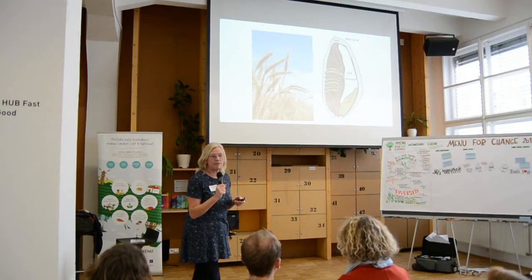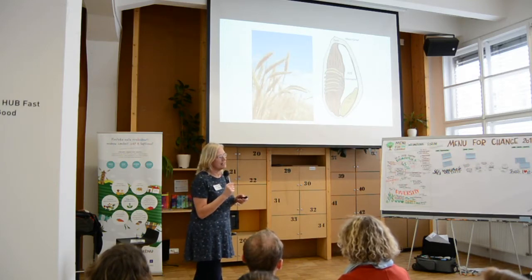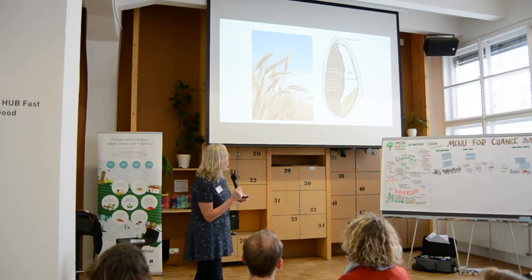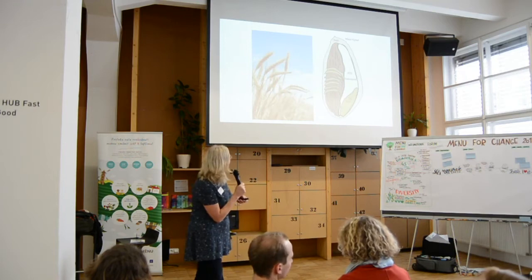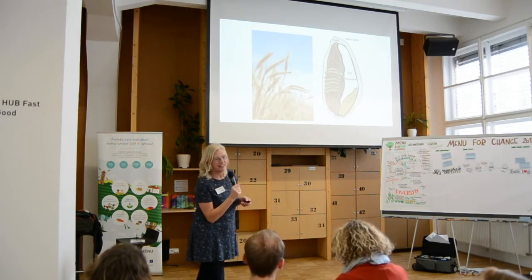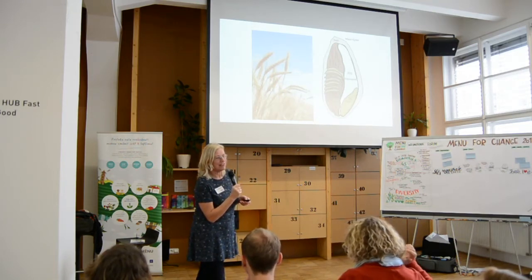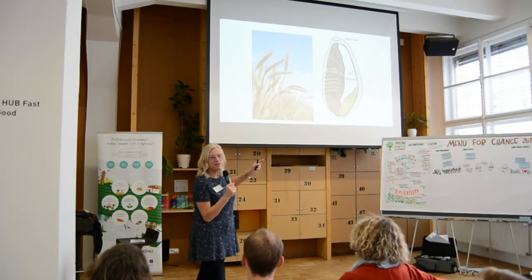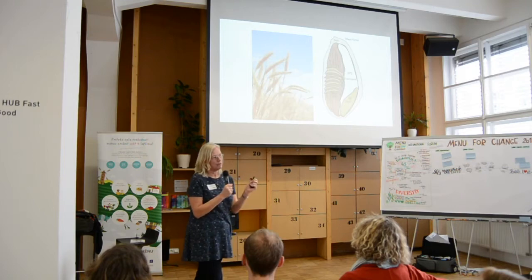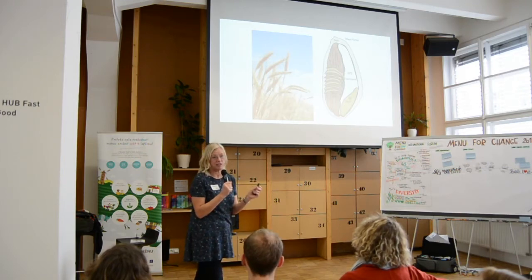What do you think of the nutrients here? Minerals. Yes, so you've got some minerals there. But the function of this grain is to provide a little package of nutrients to start off the new plant.